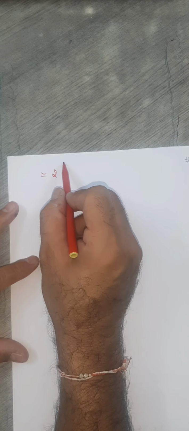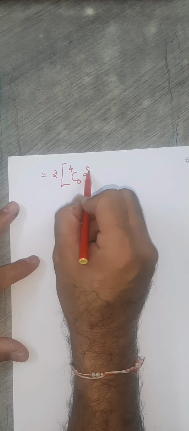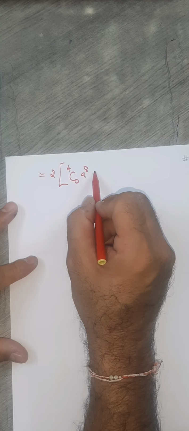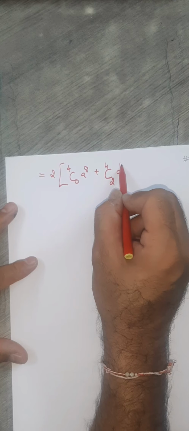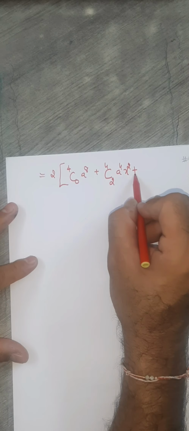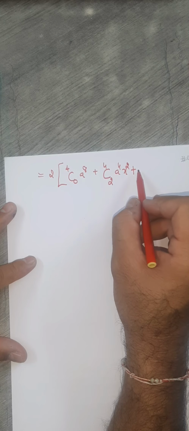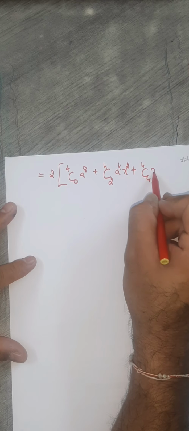This is equal to twice. These terms are double, you can just see. This is 4C0, you have a raised to 8. Just check in the previous step. 4C2, you have a raised to 4 into x square. It's double, remember. And finally 4C4, x raised to 4.